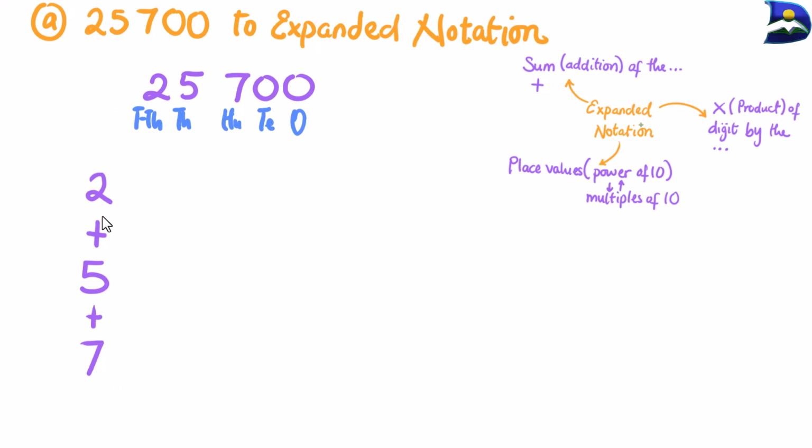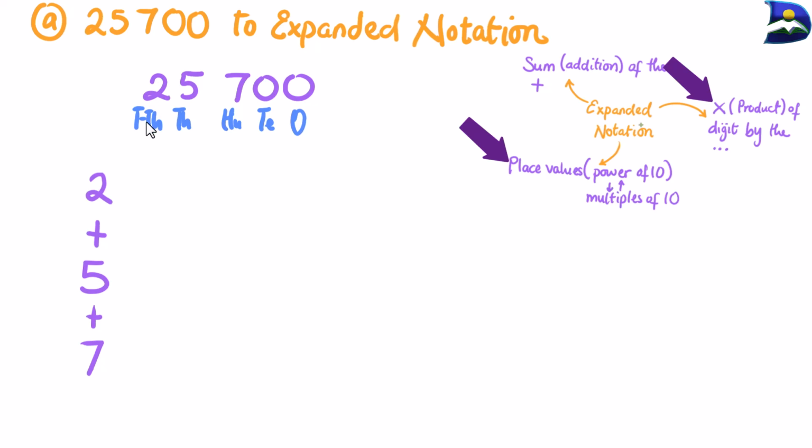And so once we have this, we are going to move on to the next step, which is to place the product of the digit by the place value, which is the multiples of 10, right next to the digits. And this is how it looks.